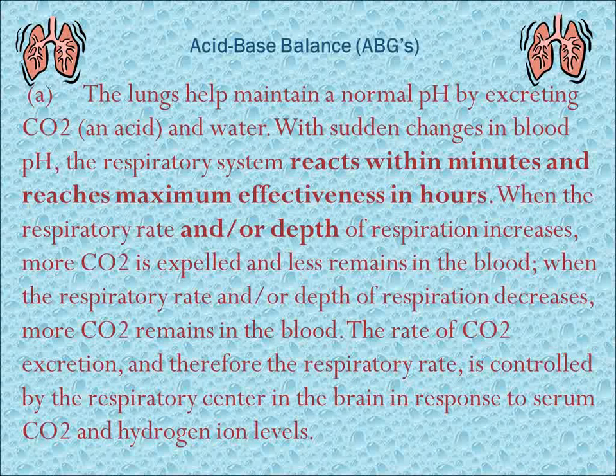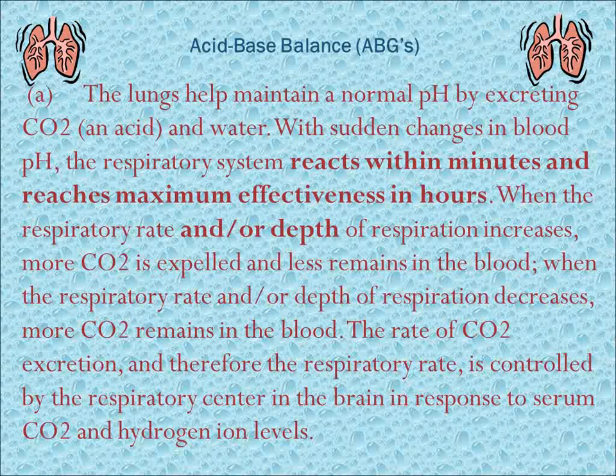Anytime there are sudden changes in the hydrogen ion concentration, meaning a bunch of acids have been made, the carbonic bicarbonate system will buffer and change in its little chemistry set formula, and then CO2 will be formed, and that increase in CO2 will then be removed by the respiratory system. The respiratory system is Johnny on the spot. It will react within minutes, and it can reach its maximum effectiveness in hours.